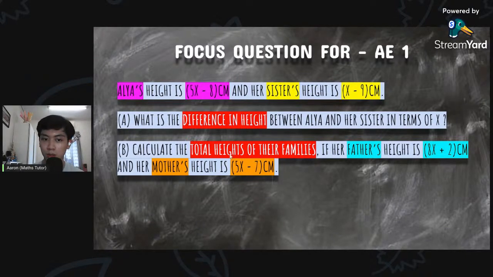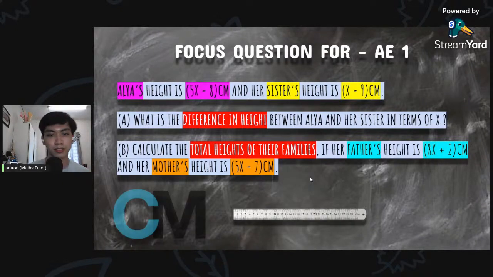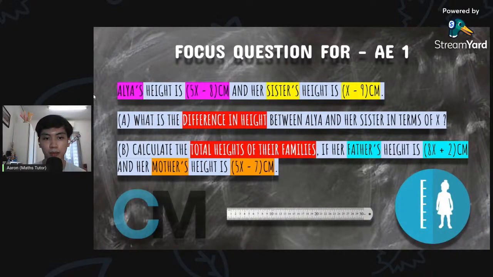If we see total heights, we need to add, tambah. So we add Isla, her sister, her father and her mother together, then we can get the final answer. I'll give you a few seconds to read the question.